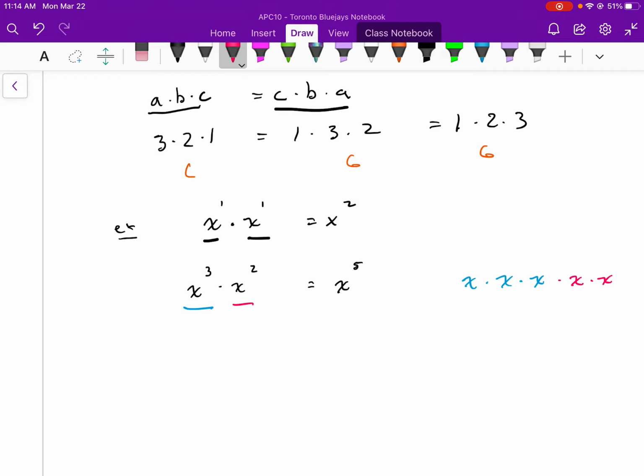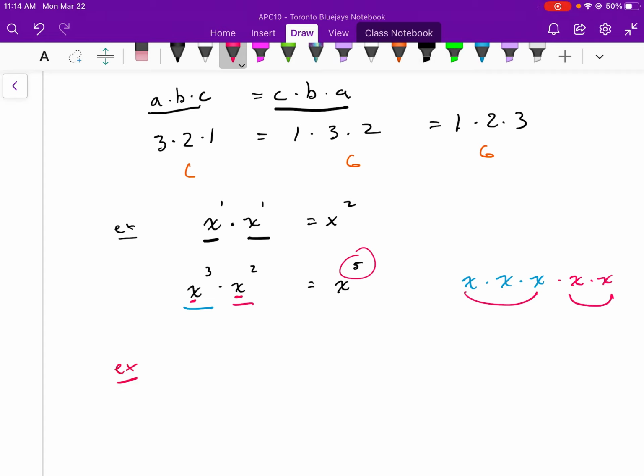So altogether, we have 3 factors plus another 2 factors, which gives me x to the power of 5. So really, when 2 variables with the same base, and the base has to be the same, are multiplied, we simply add the exponents.